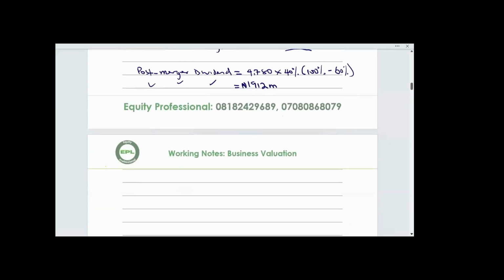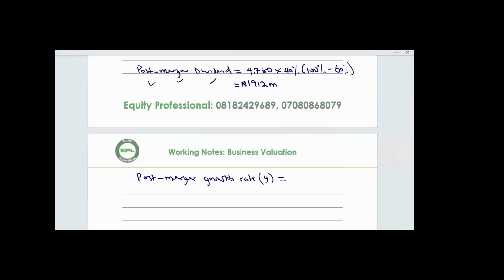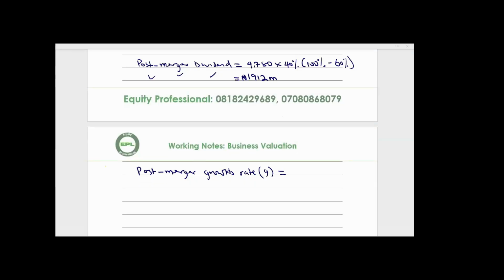Now that you have the post-merger dividend, I can proceed to calculate the post-merger growth rate. According to the question, the post-merger dividend growth rate is expected to be 10%.